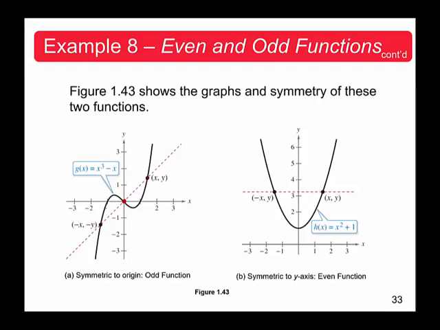And this is for odd functions. For even functions, since the y values are the same but the x values are opposite, this is exactly a symmetry with respect to the y-axis. And that's how you utilize the graph to help understand even and odd functions and relate them to symmetry. Okay, that's pretty much it.